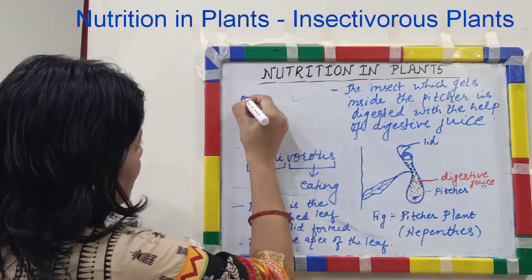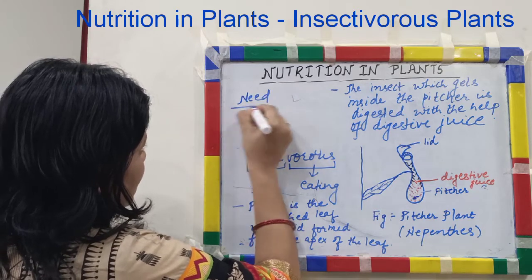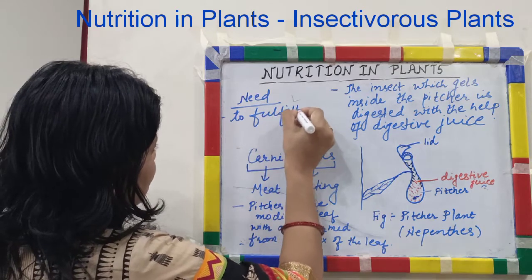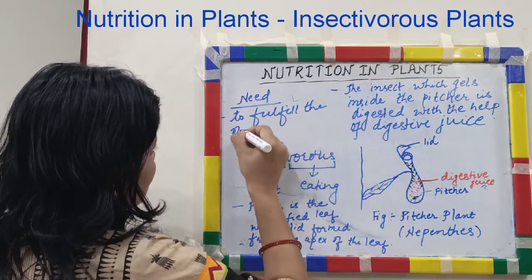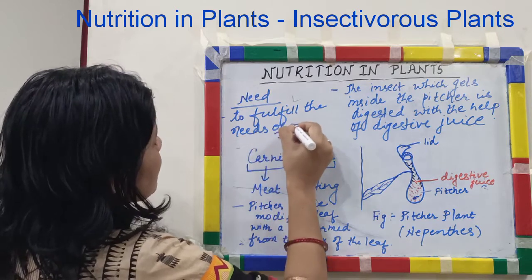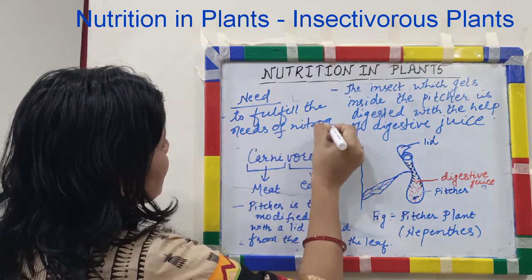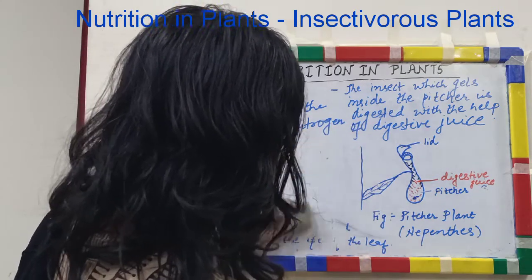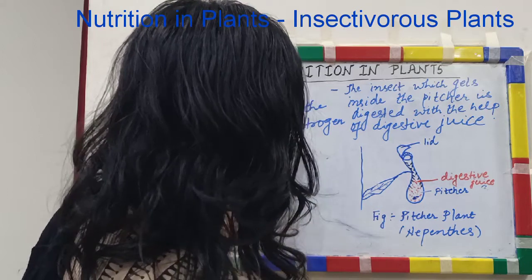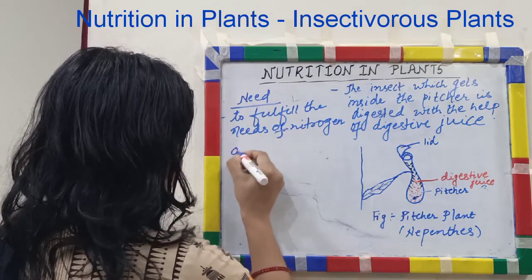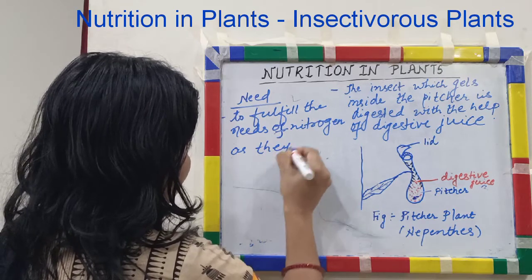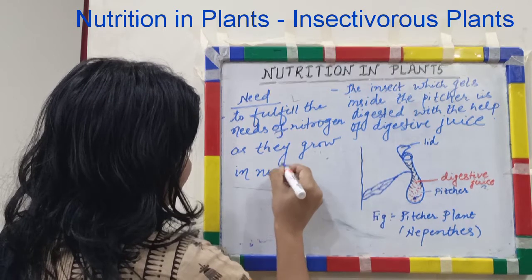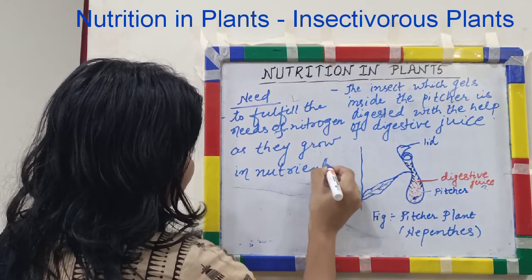To fulfill the needs of nitrogen. Why is there a need to fulfill the needs of nitrogen? As they grow in nutrient deficient soils.